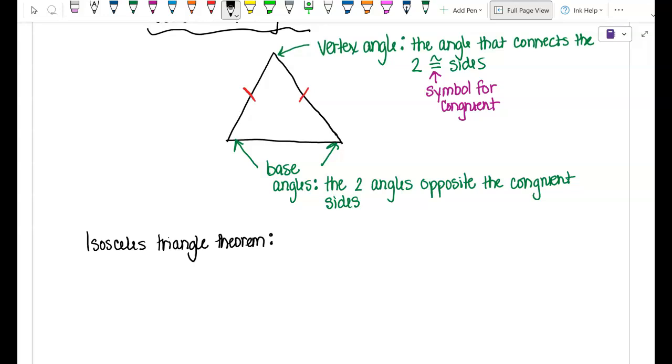But the isosceles triangle theorem says if two sides of a triangle are congruent, then the angles opposite those sides are congruent.